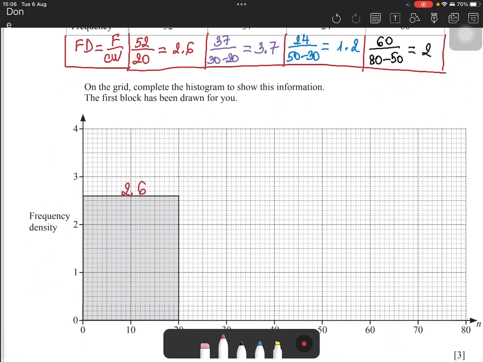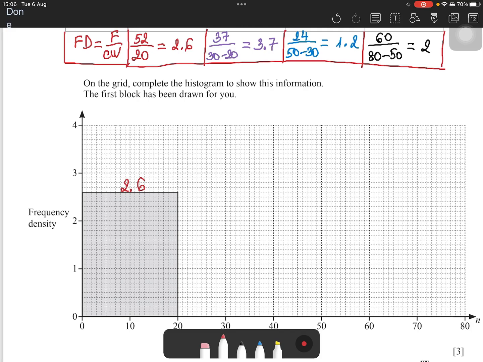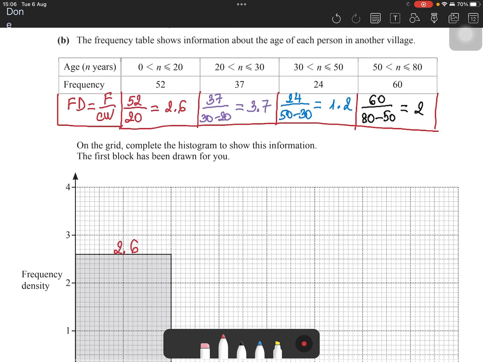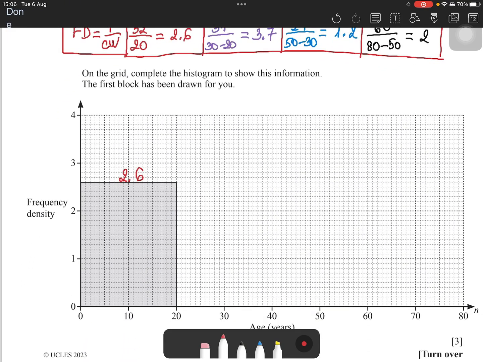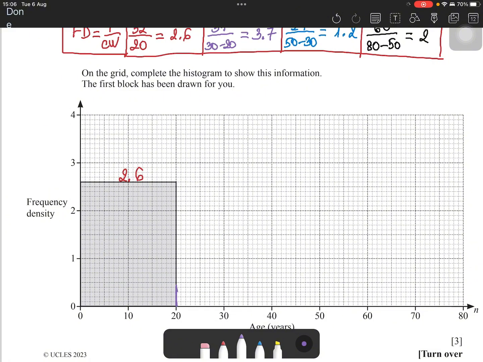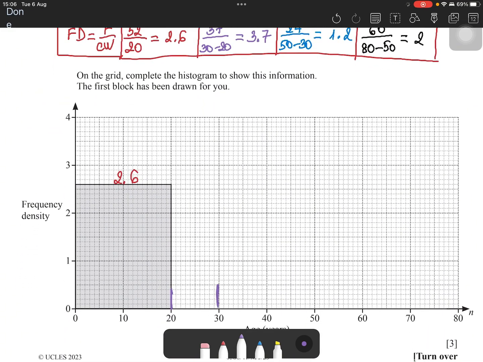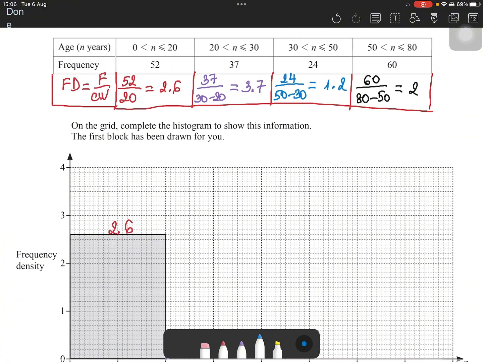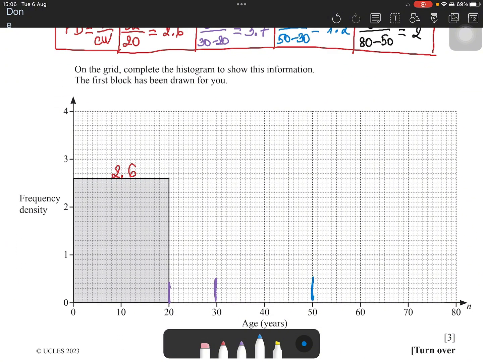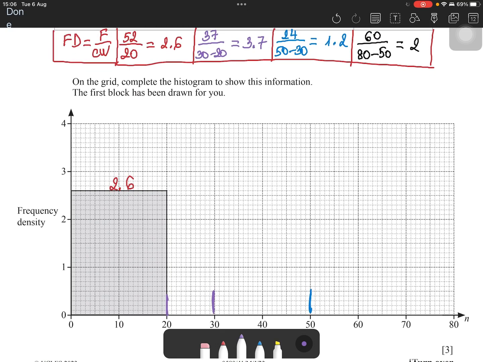So now we'll use this table to draw the frequency density diagram. The second interval is from 20 to 30. And the next interval is from 30 to 50. Finally, from 50 to 80. Alright, so the second column is 3.7.